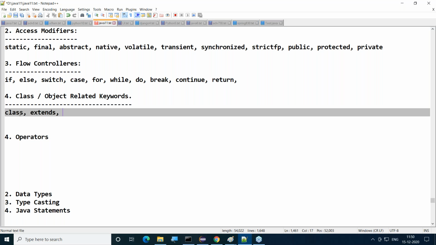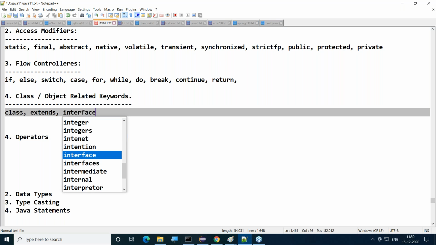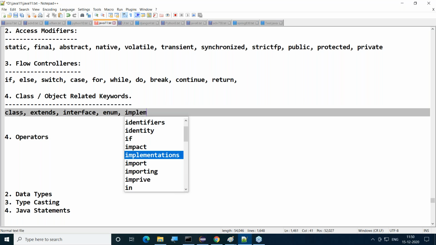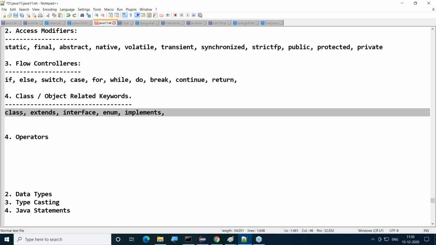Right, sir. Then after that, interface, enum, implements. Then apart from this, interface, enum and implements.